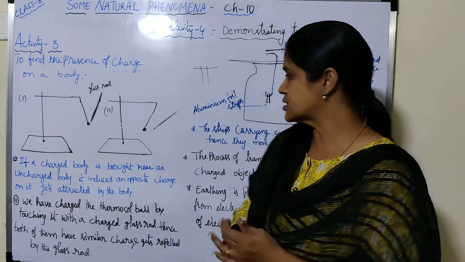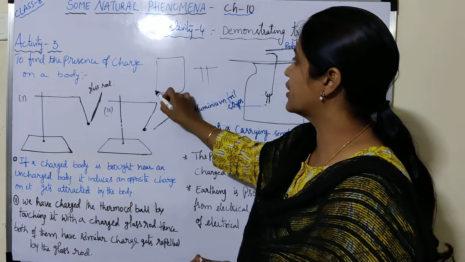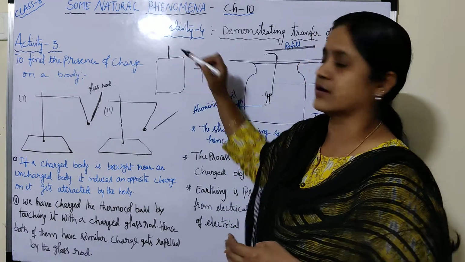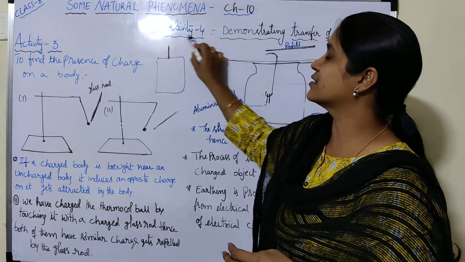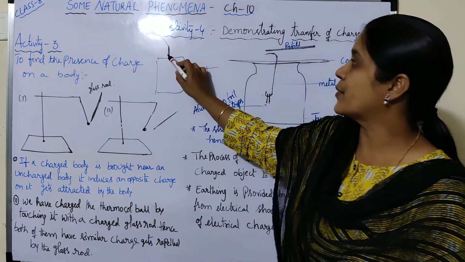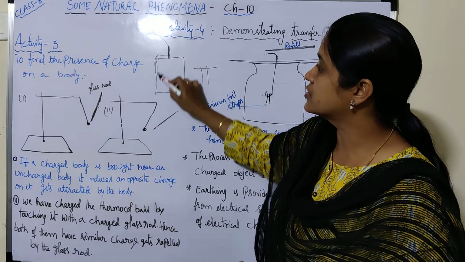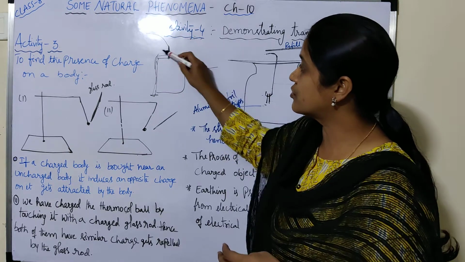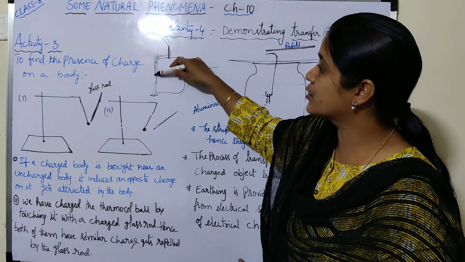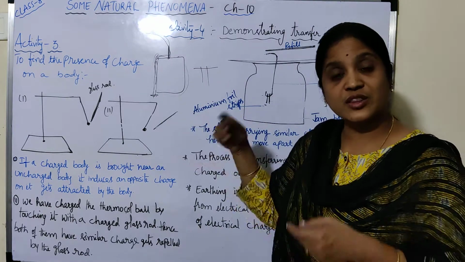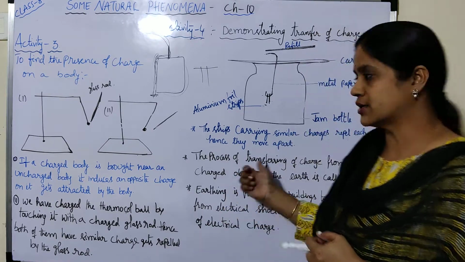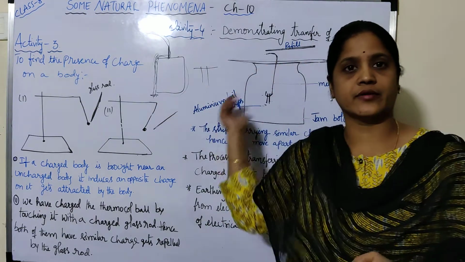On the top of the building they fix a metal conductor, so whatever charge lightning carries is attracted by this metal. From the metal, a connection is given to the earth. So the charge flows from the metal conductor to the earth without destroying the building. So this is about earthing, and activity 3 and activity 4.